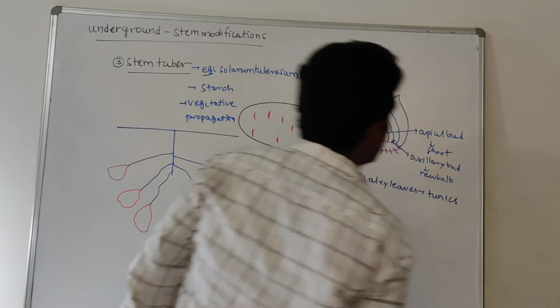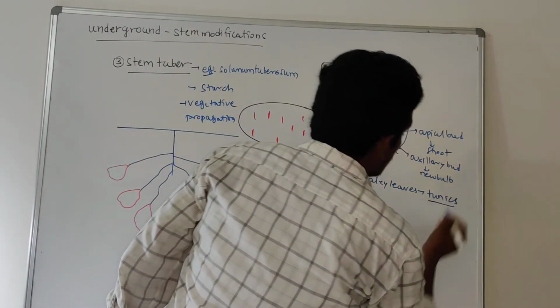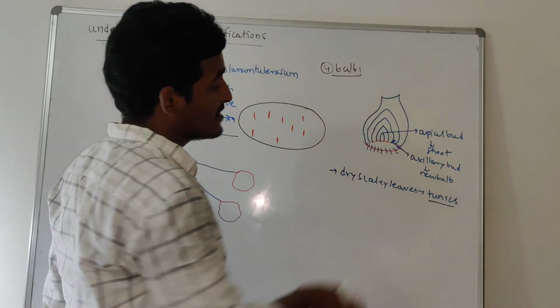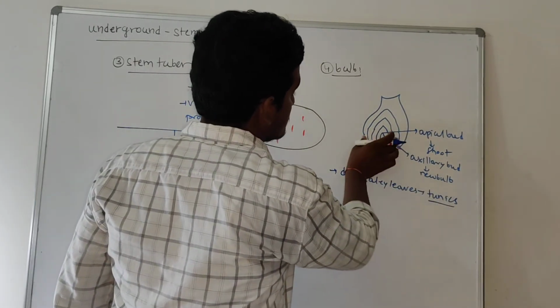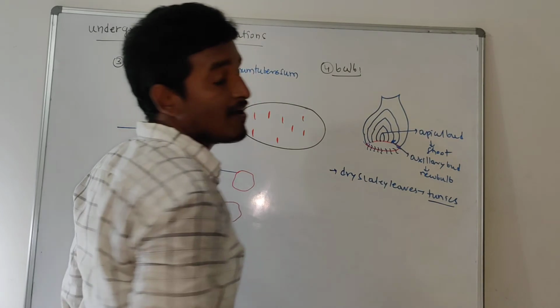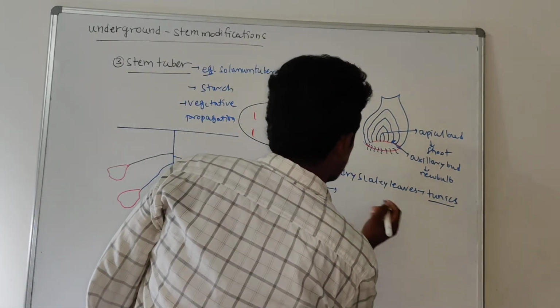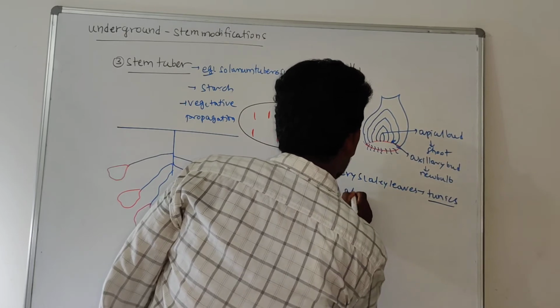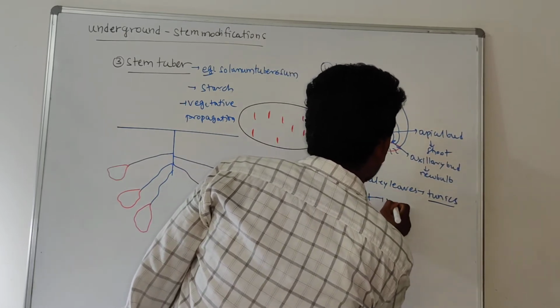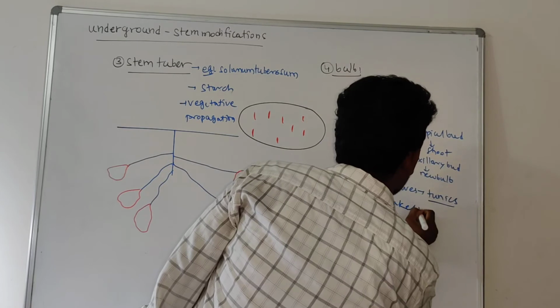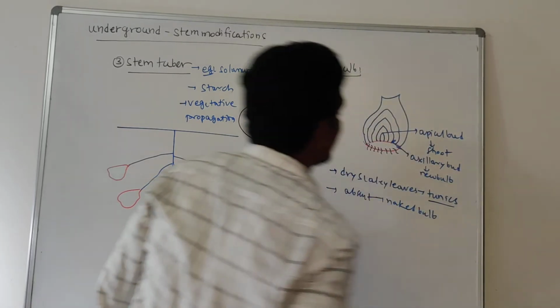If tunics are present, the bulb is called a tunicated bulb. If the tunics are absent, we call it a naked bulb.